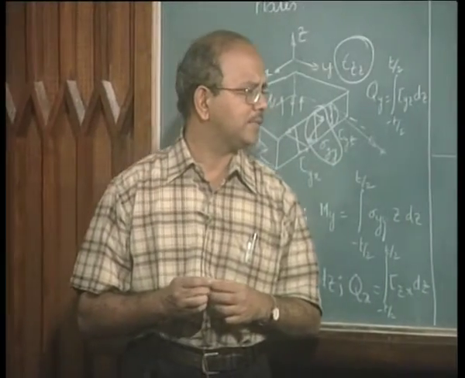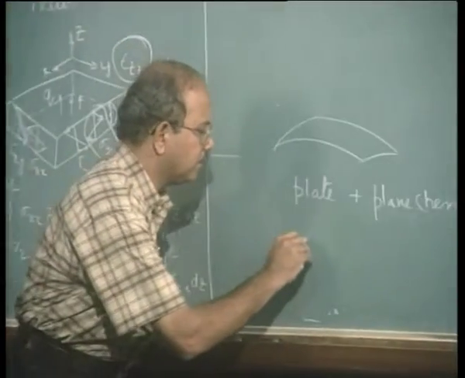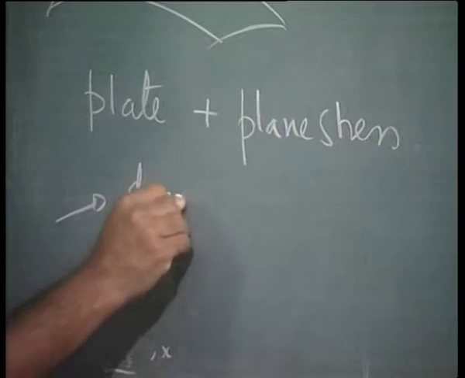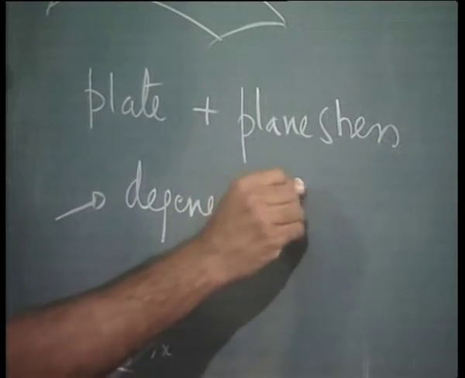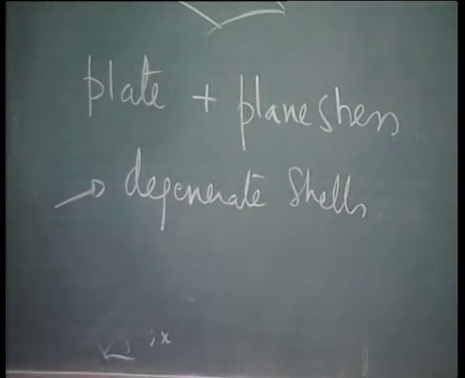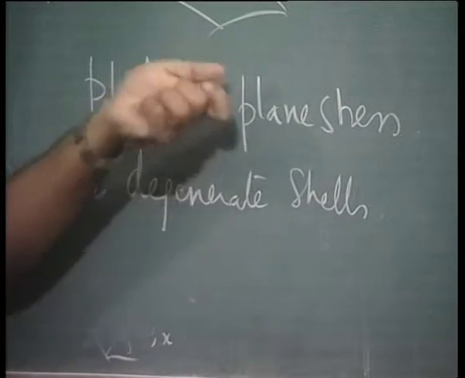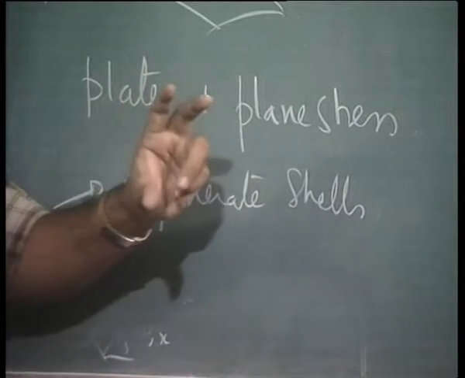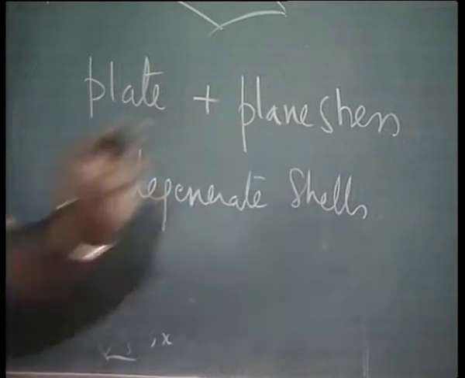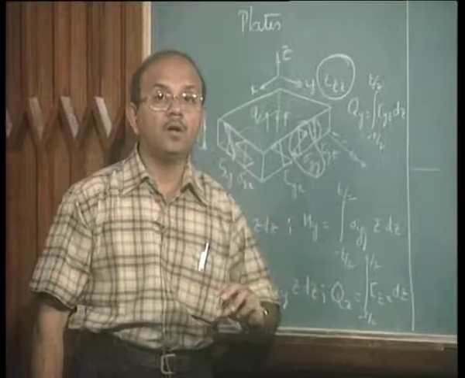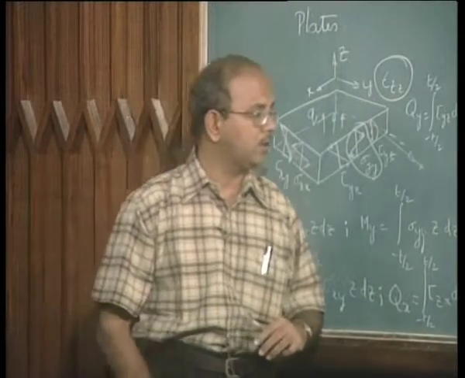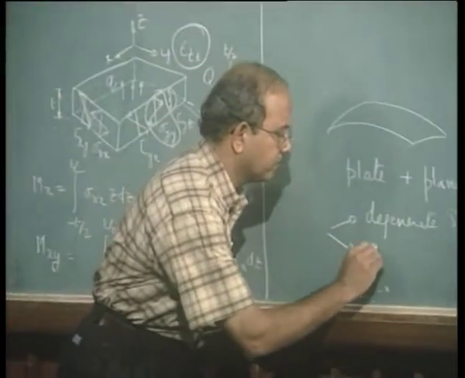One is what is called the degenerated shells, which are basically some sort of degenerated 3D elements where the element is brought down in the thickness direction, or elements which are based on theory of shells.